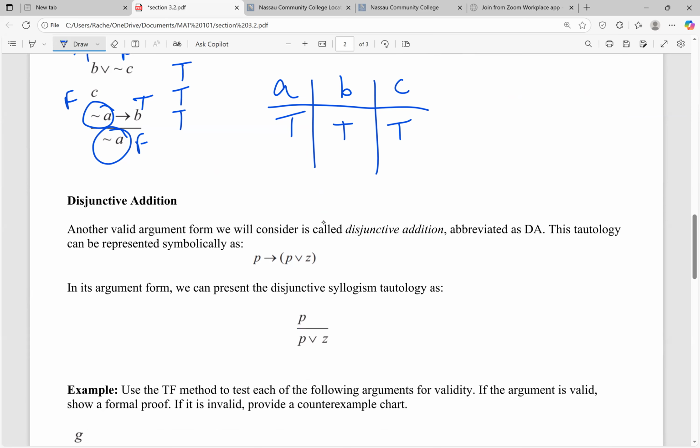Because think about it. If P is true, then no matter what I join P with, whether Z is true or false, I'm still going to have a true statement, because a true or anything is still going to be true.